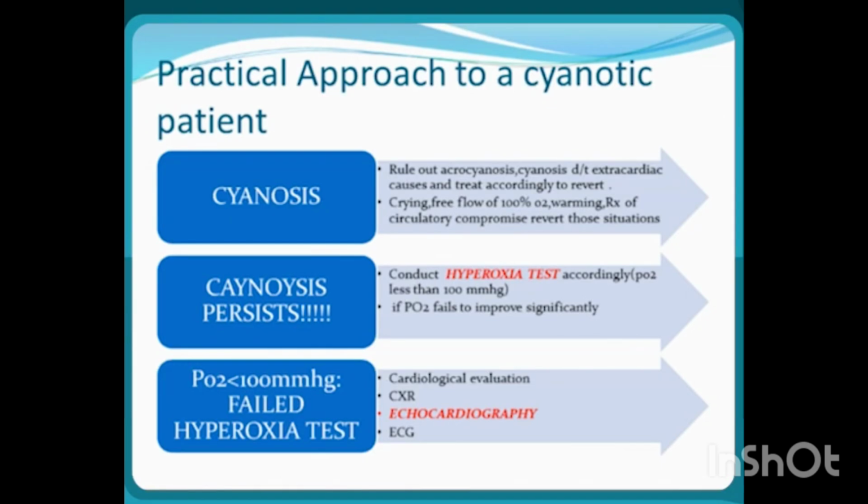In this hyperoxy test, if PO2 significantly improves, that rules out the cyanotic CHD, but if PO2 fails to improve, then you can tell that this is cyanotic CHD. So PO2 less than 100 millimeter of mercury, then this is a failed hyperoxy test. Then you have to go further for another evaluation. In that case, you have to do chest X-ray, echocardiography, and ECG. Echocardiography is the hallmark in this situation.